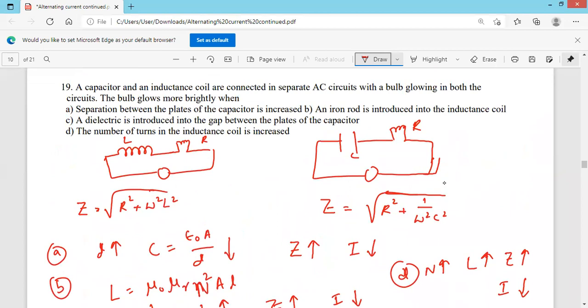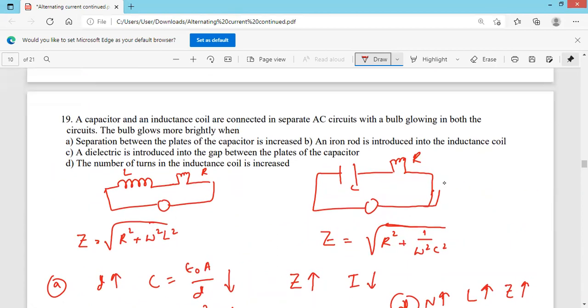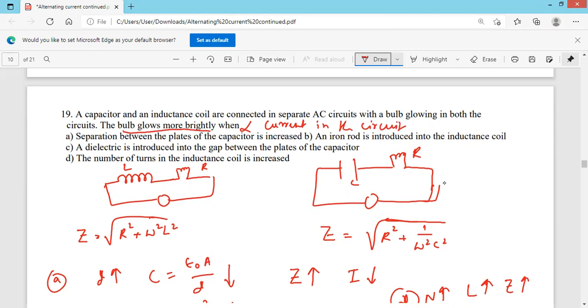Now, the brightness of the bulb is directly proportional to the current in the circuit. If the current is more, the brightness is more. If the current is less, brightness is less.